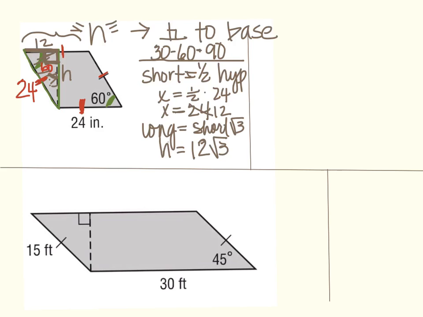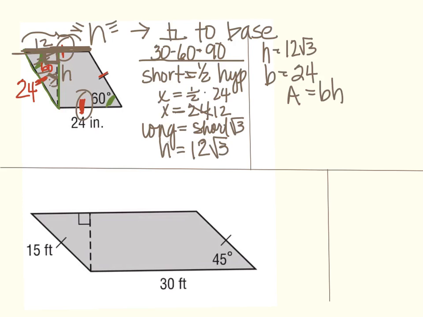Now, do I have the height and the base of my parallelogram? Yes. My height is 12 square roots of 3, and my base is, pay attention, what was this whole length? If this one is equal to that one, the whole length is 24. So I have it. My formula is area is base times height.